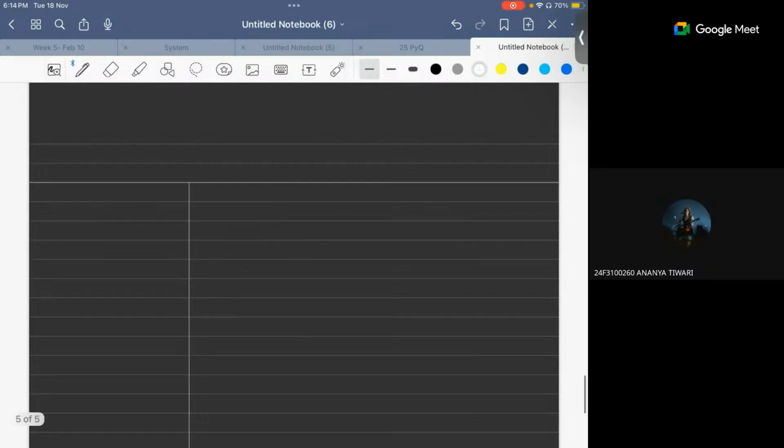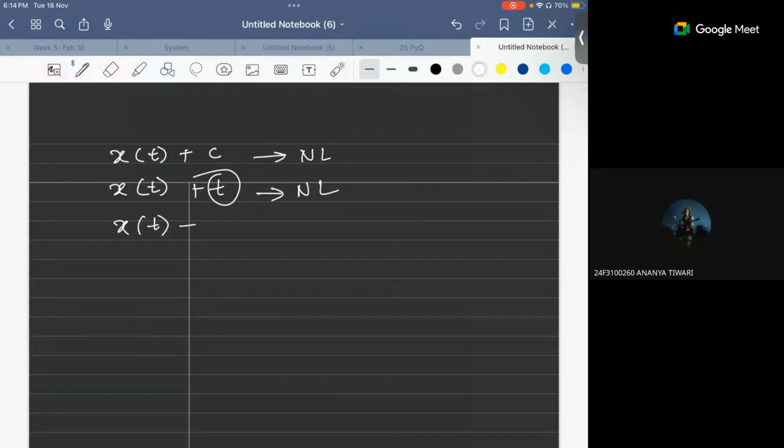So whenever you are having any function like xt plus c, this is non-linear, or xt plus anything in t, let's for example, that will also make the system non-linear. Here the t will work as a constant, so that will also make the system non-linear. Or xt plus cos t, or xt plus log t, whatever you want to call it.